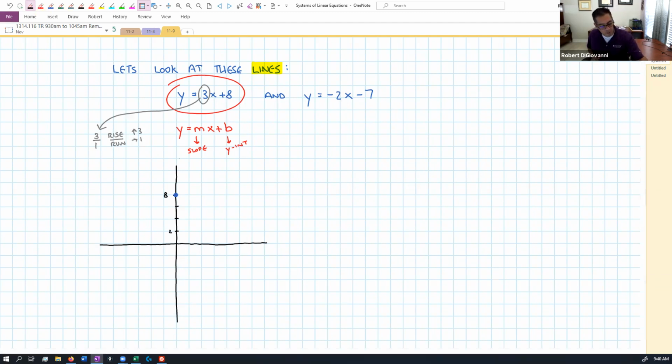Be careful, because remember I was counting by twos here. So this is 10 right here, this is 12. I need to go up 3, which would take me to 11, and then to the right 1. I'll count by ones to the right: here's 1, here's 2. So I go up 3, to the right 1, I put a dot right there, and then I draw the line.